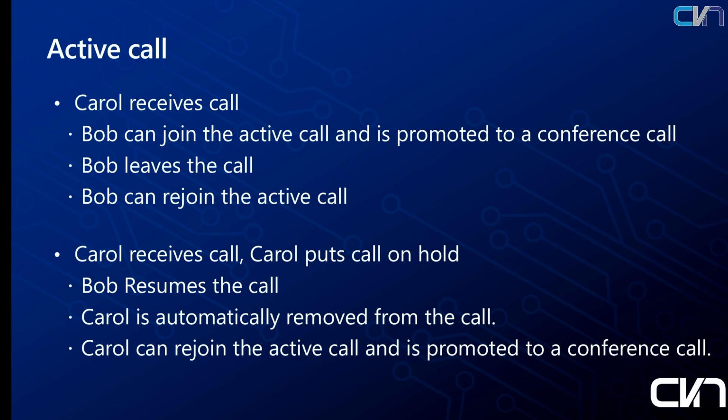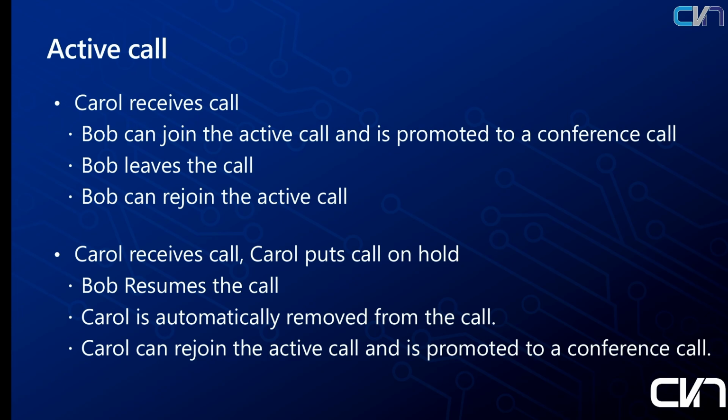Once Bob joins the active call, it becomes a Microsoft Teams meeting, because it has more than 2 participants, so everything gets upgraded to an audio conference. Bob can leave the call and the call will still be active, with Carol still there, but he can also rejoin the phone call.